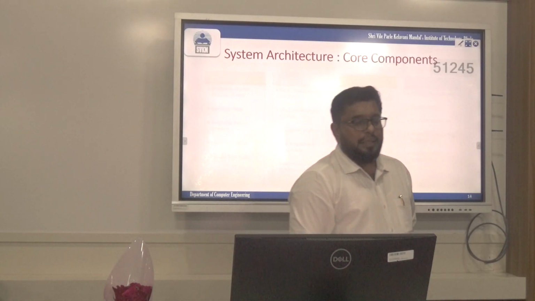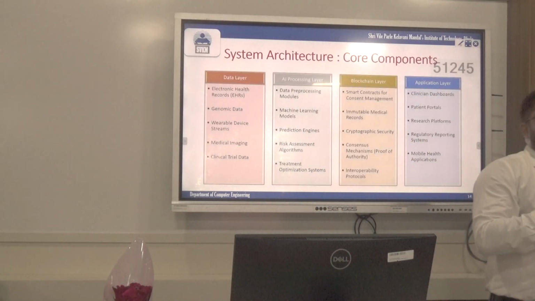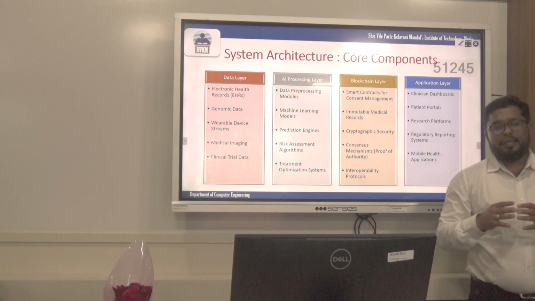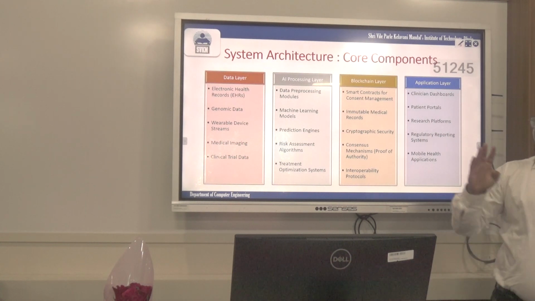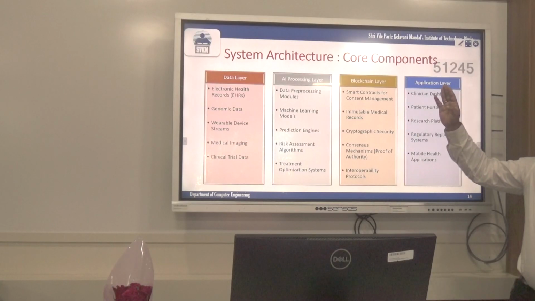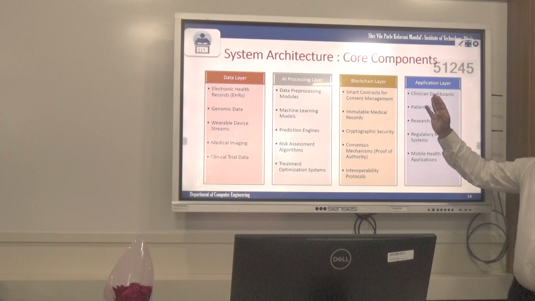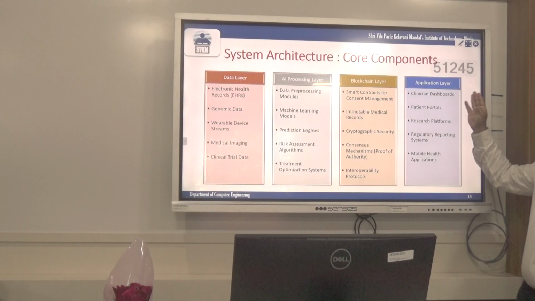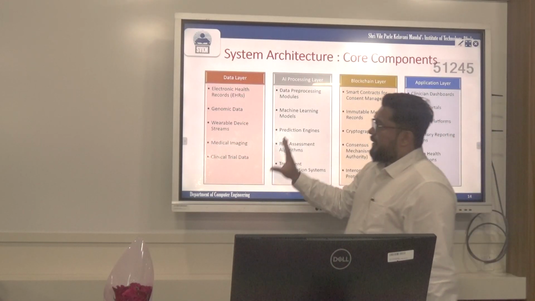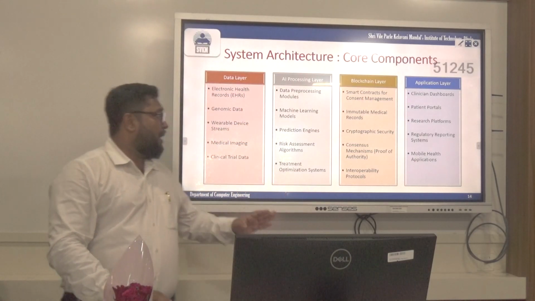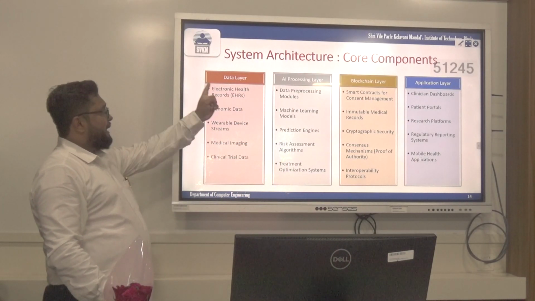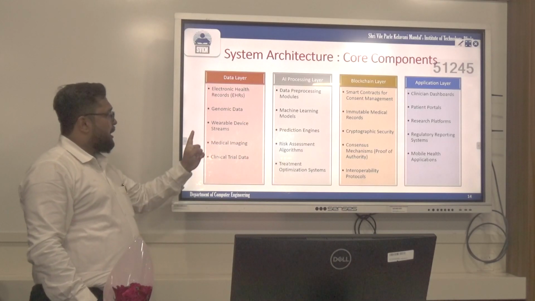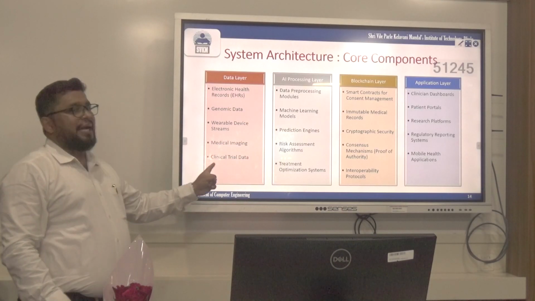So how does our system look now? It has four core components: the first is the data layer, second is the AI processing layer, third is the blockchain layer, and fourth is the application layer. In the data layer, first we collect the patient's data: EHR, genomic data, wearable device streams, medical imaging and clinical trial data.